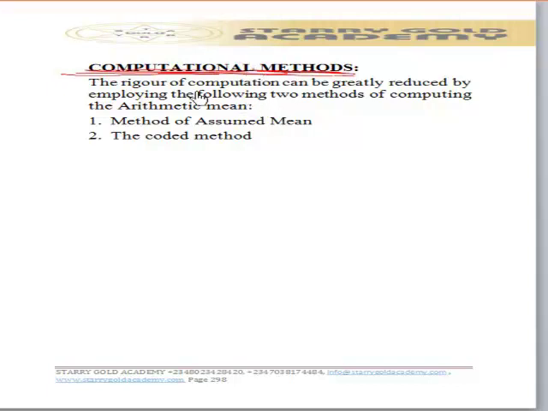The rigor of computation can be greatly reduced by employing the following two methods of computing the arithmetic mean. These methods are the assumed mean method, and the coded method, as the case may be.